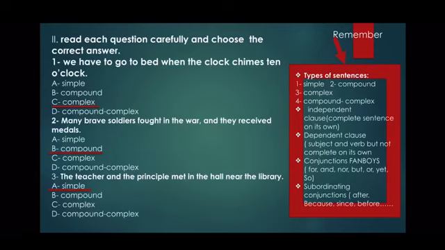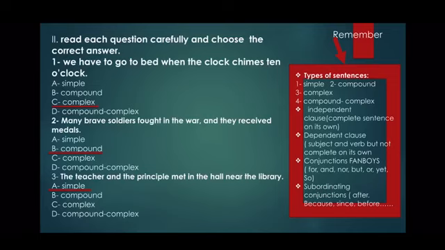Here we have to go to bed, which is an independent clause, when the clock chimes 10 o'clock, which is dependent. So here you have a complex sentence. Why? Because I have an independent clause and a dependent clause. And I have the word when, which means that this is a dependent clause.